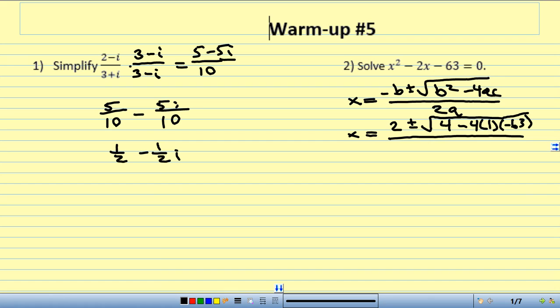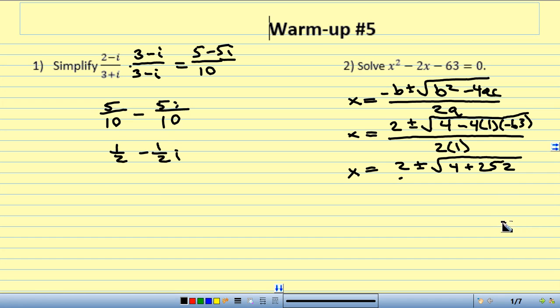All over 2 times 1. So I have x equals 2 plus or minus the square root of 4. Now, I've got negative 63, so I'm going to add whatever 4 times 63 is. 4 times 60 is 240, and 4 times 3 is 12, so I've got 252, and it's a plus, so it's not going to give me imaginary. Oh well.